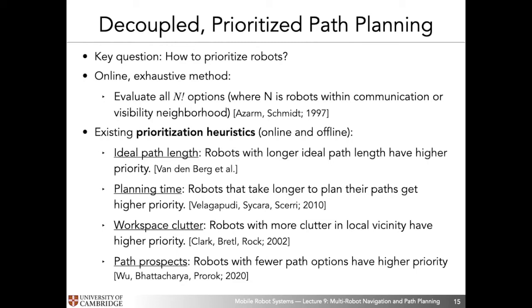And the final bullet point here is actually a piece of research that we produced in my lab, which considers a concept that we refer to as path prospects, which is nothing other than quantifying the number of solutions that any given robot has to reach its goal, right?